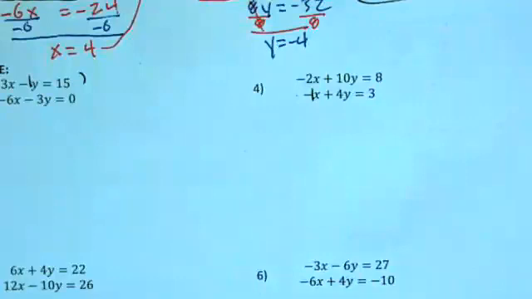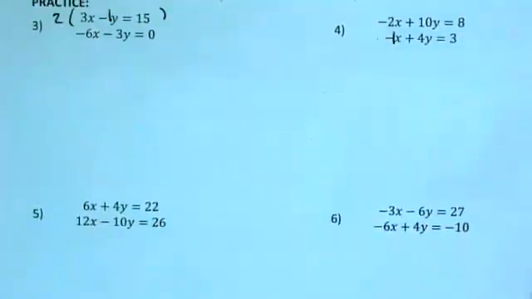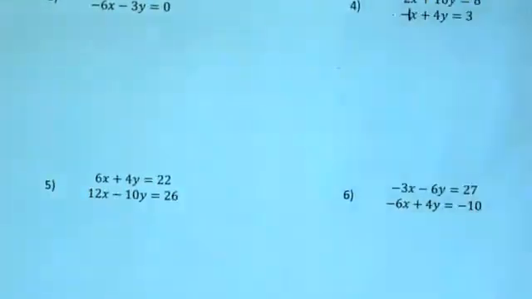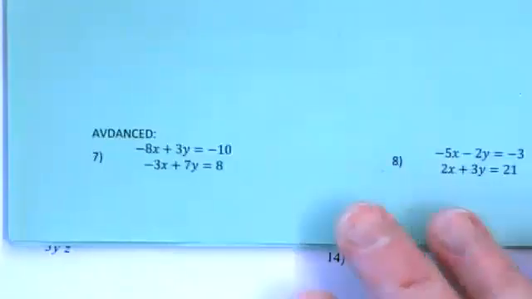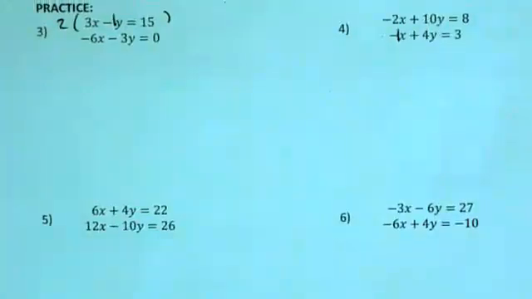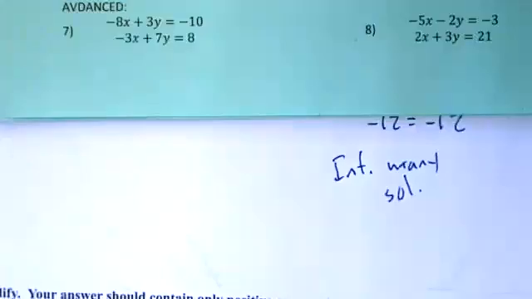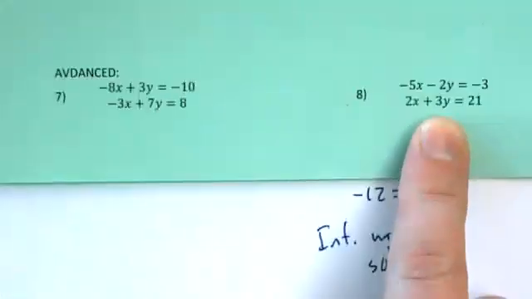What I'd like you guys to do right now is work and finish problems 3, 4, 5, and 6. For those who are feeling very confident, after you get done with number 4, if you get number 4 correct, and I'm going to put the answers up on the screen here in a second, and you're feeling confident, I would encourage you to skip 5 and 6 and try 7 and 8 instead. 7 and 8 are a little bit more challenging.